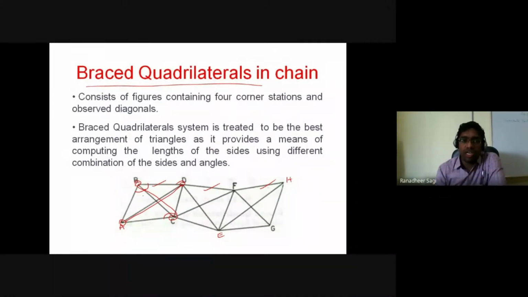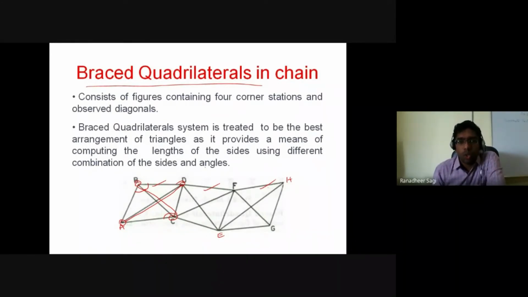Now here the advantage with this particular braced quadrilateral technique is that even this braced quadrilateral in chain form layout is also preferred in the case of relatively narrow areas only. But the advantage with this technique over your earlier one, that's your series of triangles in the chain form. So what is the advantage with the braced quadrilateral?